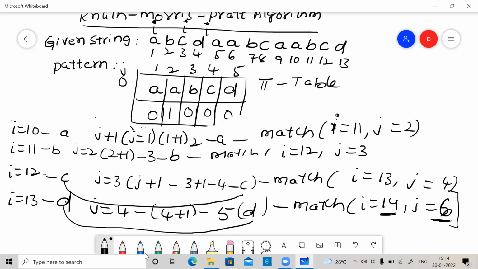So stop the process and you have to see where is the starting index for this pattern where it is matching. So basically it will return 9 here. This is how this KMP algorithm works. Thank you for watching.